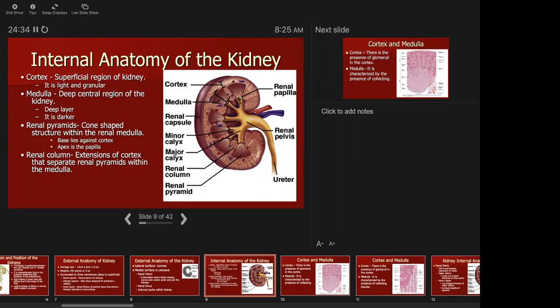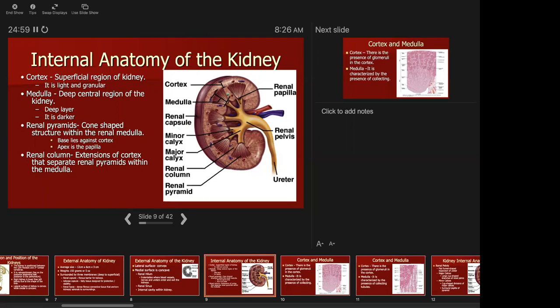This is the apex of the pyramid, this is the base of the pyramid. The inner part of the kidney is the medulla, and inside the medulla, what is spectacular is the presence of the renal pyramids. We can say they are pyramidal or cone shaped, and they are within the medulla.